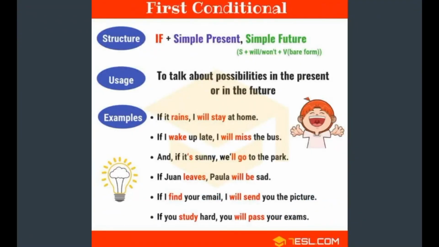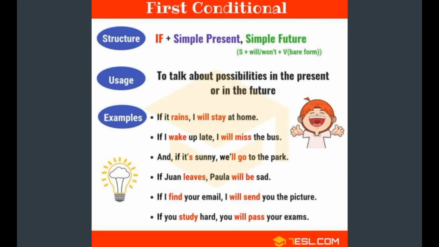So remember, the structure of the first conditional sentence is if plus the simple present, and in the main sentence I use the simple future. That is, the subject plus will or won't in the negative plus the verb in the bare form, the basic form, right? Infinitive. The usage of the first conditional is when we want to talk about possibilities in the present or in the future.